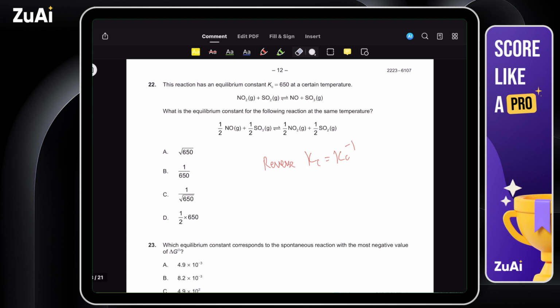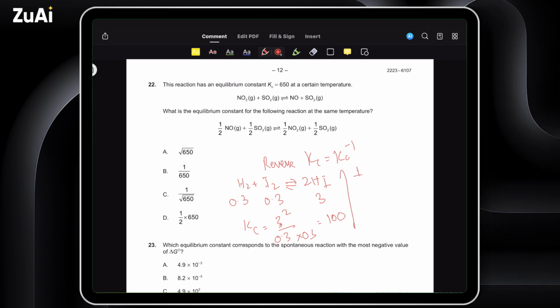If we have the hydrogen plus iodine reaction to form 2HI, this concentration, I'm just giving an example, initial 0.3, 0.3, 3. So Kc should be 3 squared over 0.3 times 0.3. So the answer is 100, for example.